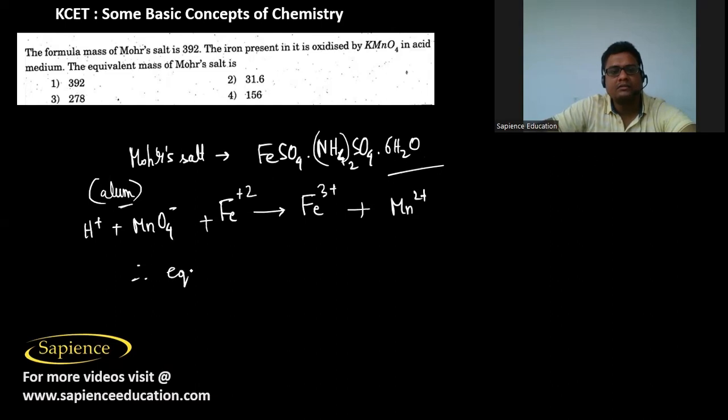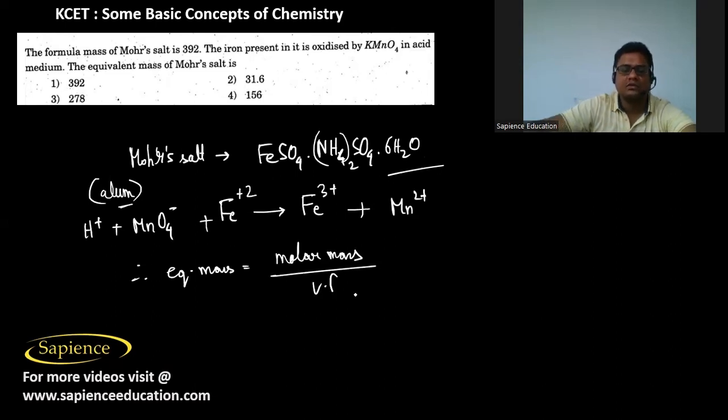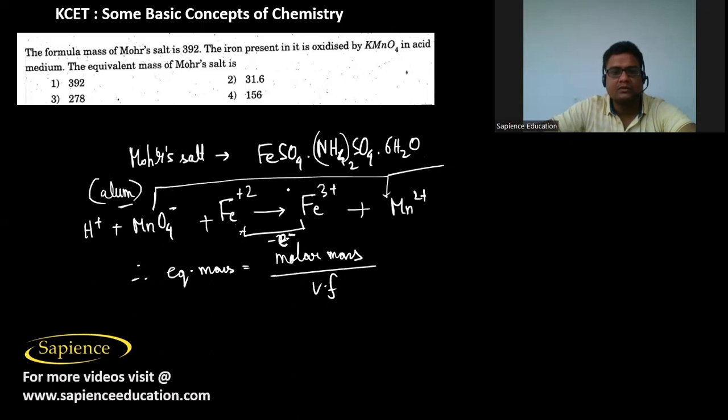Now, the equivalent mass of Mohr salt is equal to the molar mass of Mohr salt divided by the valency factor of Mohr salt. Here, the ferrous ion coming from the Mohr salt has to lose one electron, and the MnO4 minus ion will gain 5 electrons, since here Mn is in the +7 oxidation state.